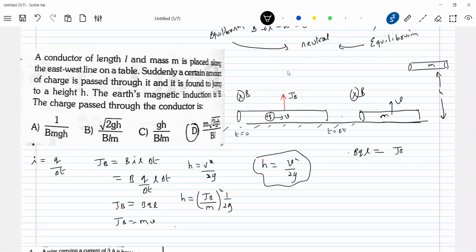BQL equal to JB. JB is what? M times v. v is what? Root of 2gh. So Q equals m root 2gh divided by BL.